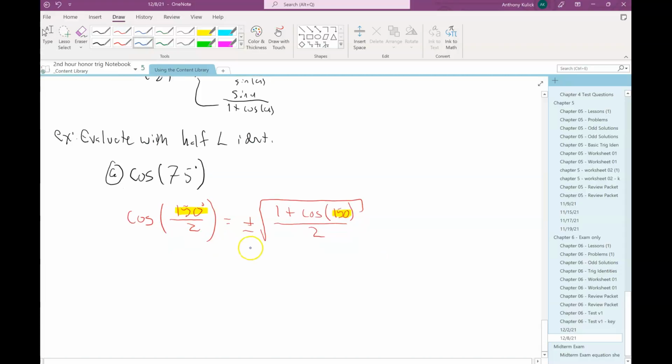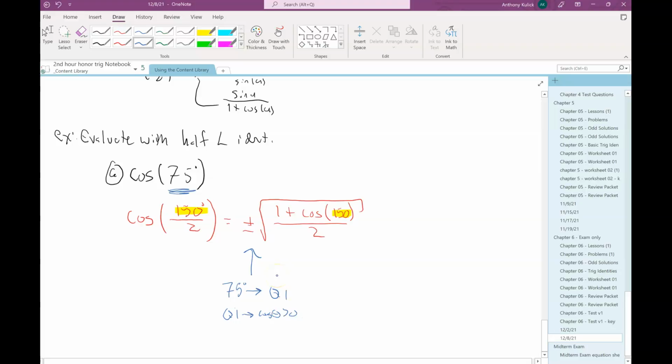Let's sort out right this moment whether we should have a plus or minus here. If I go back and look at my original problem, we're doing cosine of 75 degrees, correct? What quadrant is 75 degrees in? For a standard position angle? Quadrant 1, right? In quadrant 1, cosine is positive.